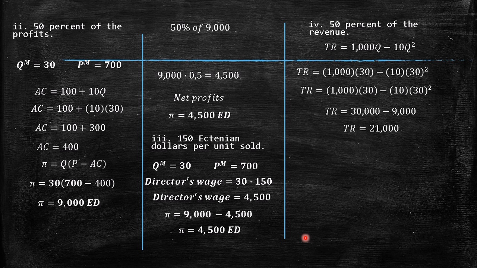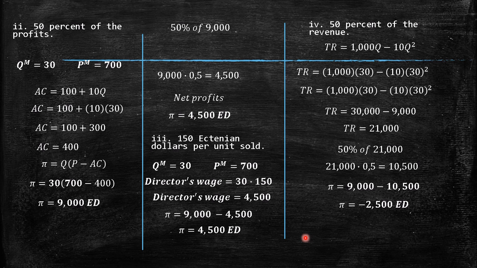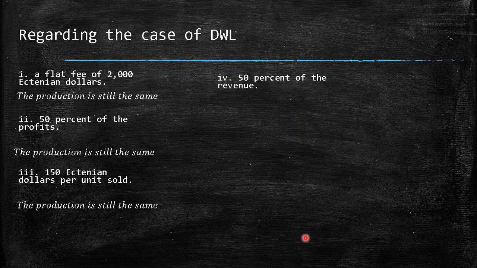Then it should be 21,000 total revenue. Then 50% of this one is 10,500, and the profits, remember, are 9,000. Minus this one should be a loss. Okay, so the first idea, which is a flat fee of 2,000, should be the best one in terms of benefits.